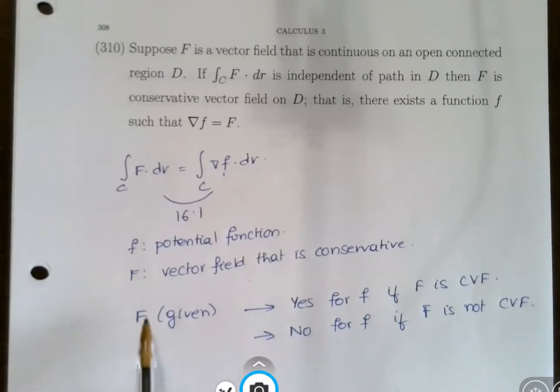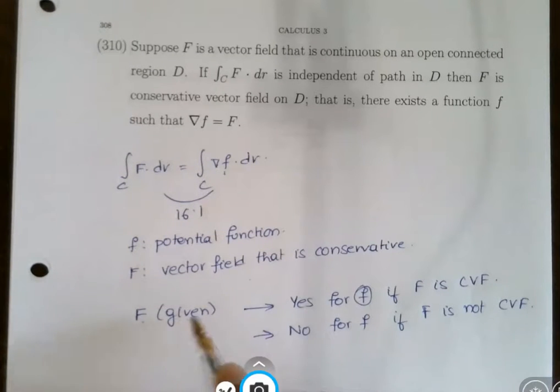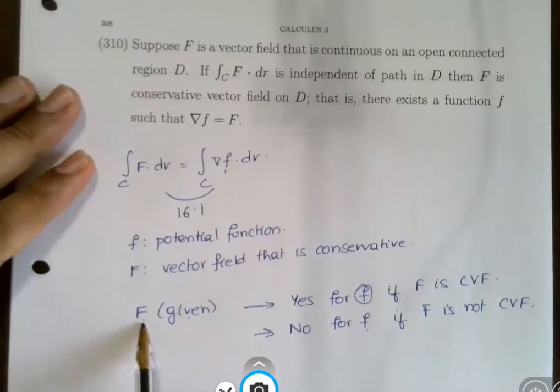In other words, if this is a conservative vector field, you can find f. If this is not a conservative vector field, you cannot find such a potential function f. In other words, this is about when I can find the potential function. If the line integral is independent of the path in D and it is a conservative vector field, then first the domain has to be open and connected, and this has to be a conservative vector field.